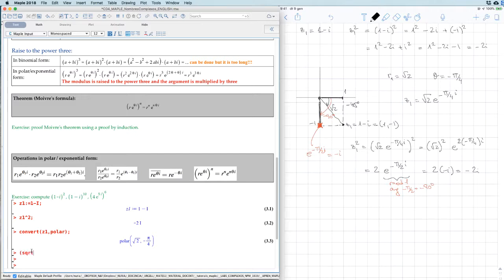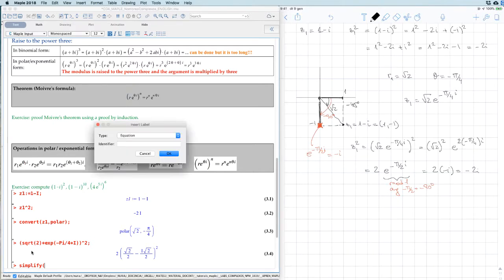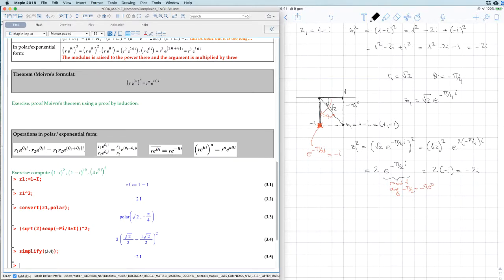And then if I do square root of 2 exponential of minus pi over 4 i in exponential form to the power 2, there's a missing parenthesis, I get this expression, which I can simplify, Control L to put a label, which is going to be 3.4, and I get the same number, minus 2i. Okay, this is the first exercise.